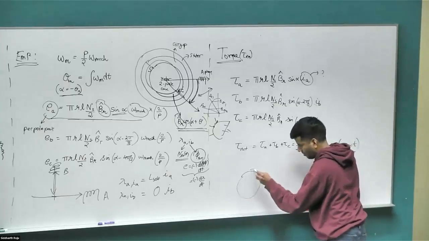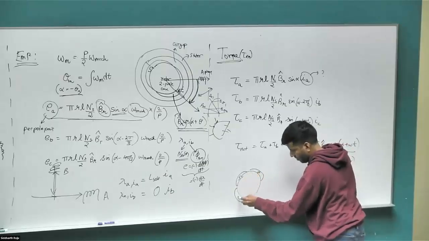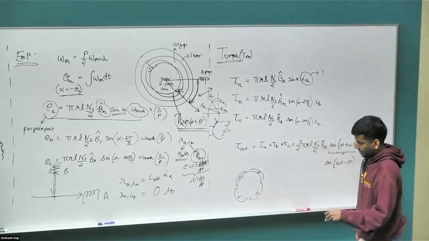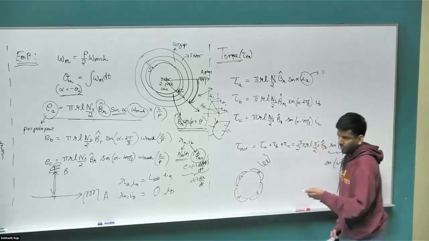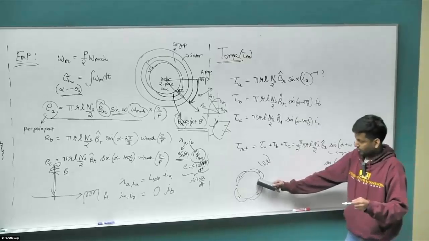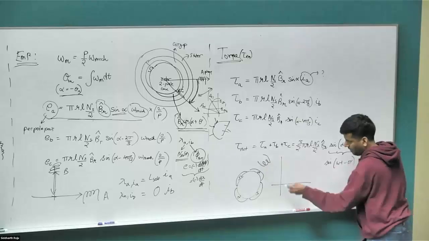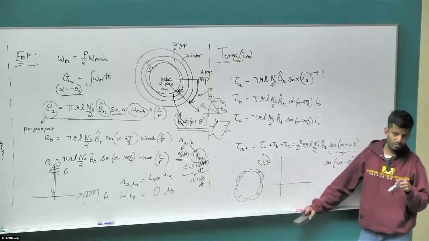So we have a north pole, south pole, north pole, south pole. And let's say I have some coil here, which is the A-phase coil, and I'm measuring the voltage across this. If this motor does a full turn, how many sine waves would the EMF across this produce?